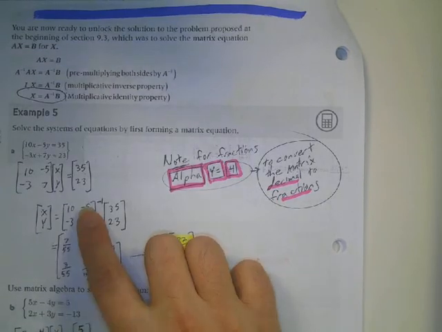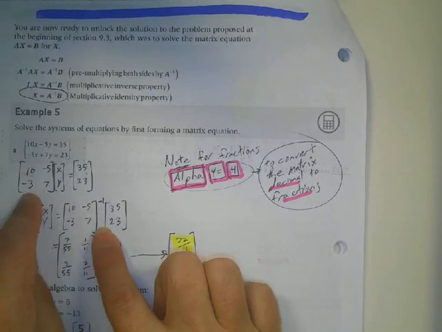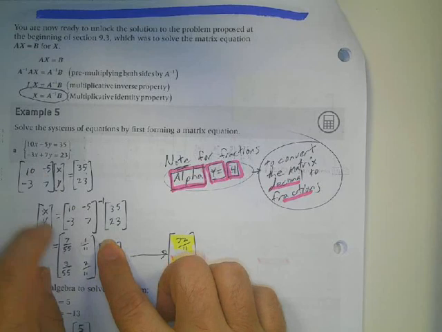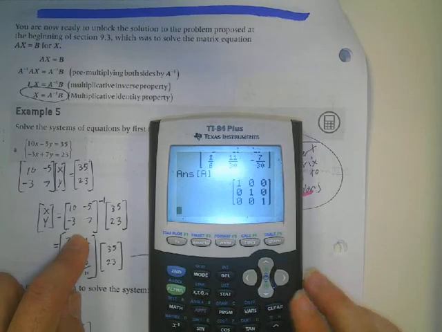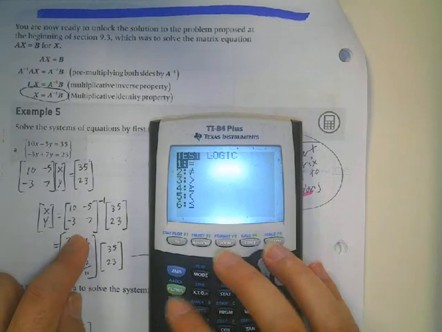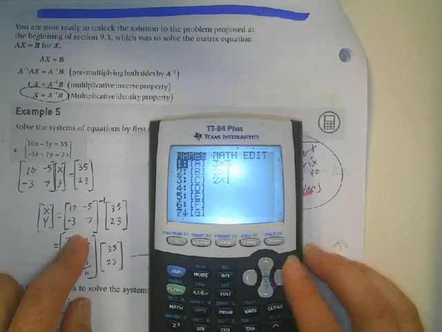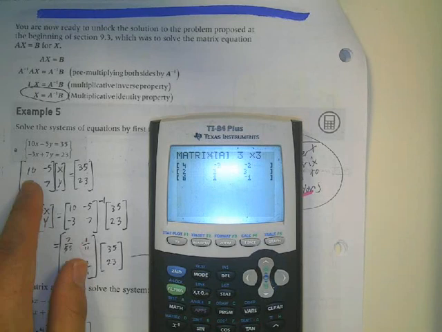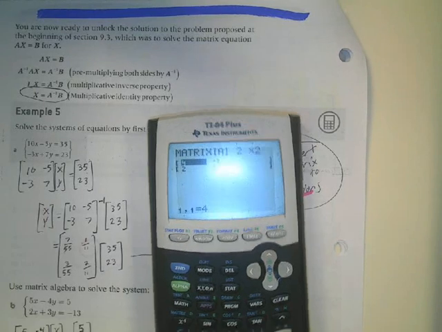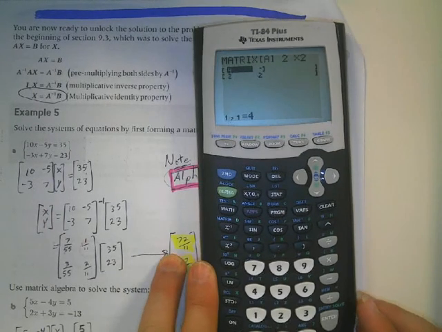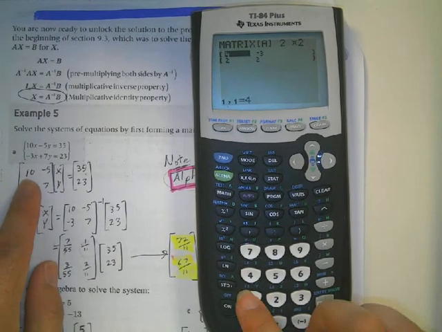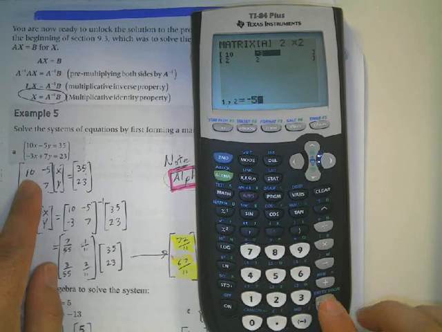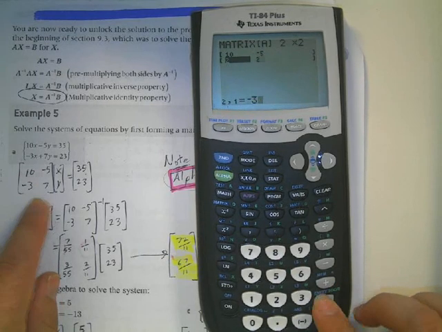Now I'm going to take the inverse of this, and I'm just going to use the calculator to do that. So let's enter these two matrices. The first matrix is a 2 by 2, and I'm going to put in 10, -5, -3, and 7.